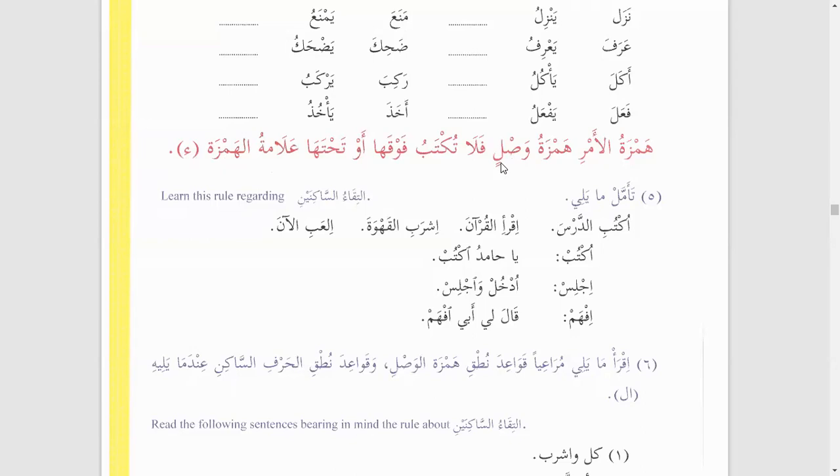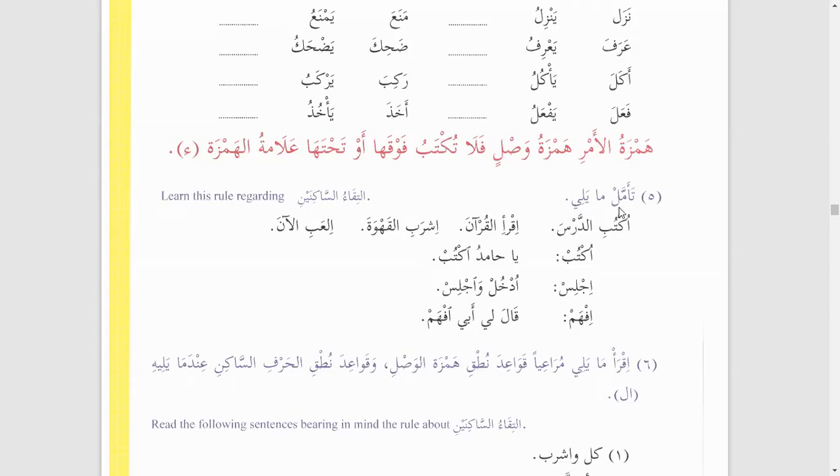So it's not written. What is not written? Fawqaha aw tahtaha alamatul hamzati. The sign of Hamza is not written on it or under it. So this is the sign of Hamza itself. This is Hamza. So when we write Hamzatul Wasl, we do not put it over there. We only put Dhamma or Kasra.